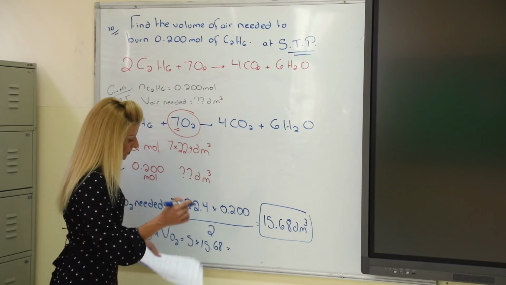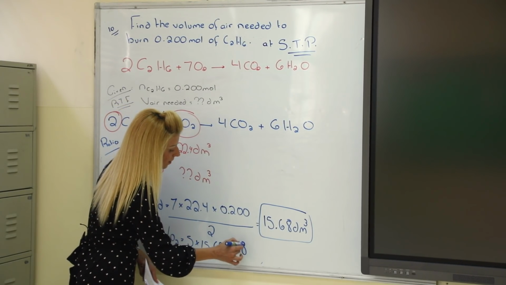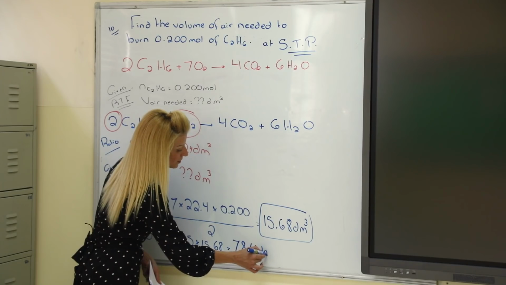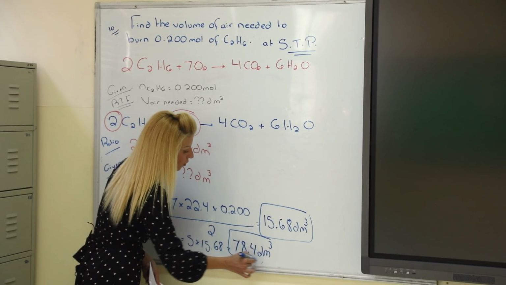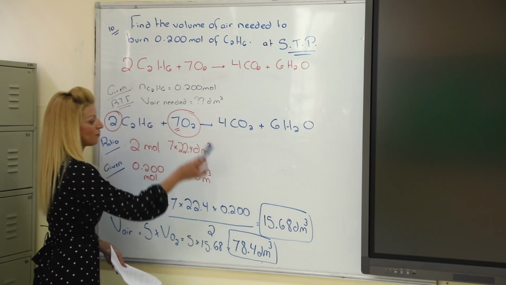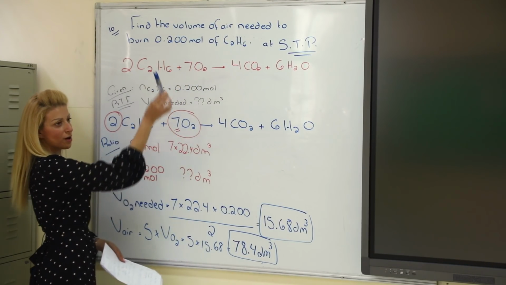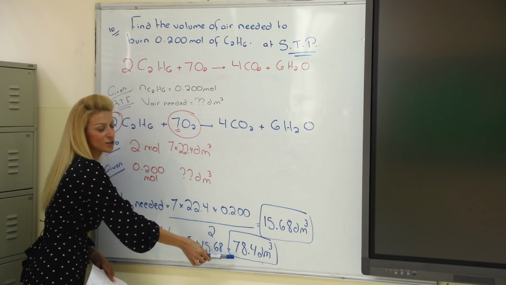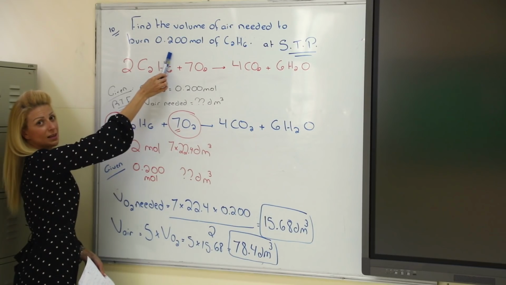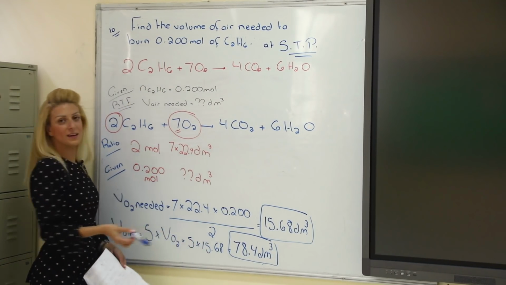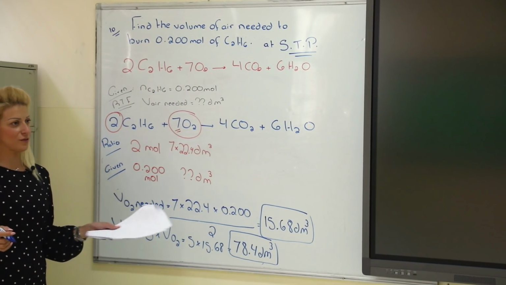So you end up with 78.4 deciliter cubed. We go to the given and we check if our answers to the correct number of significant figures. It's correct because this is 3 significant figures, and our final answer is also 3 significant figures.